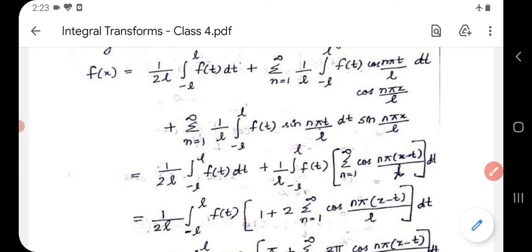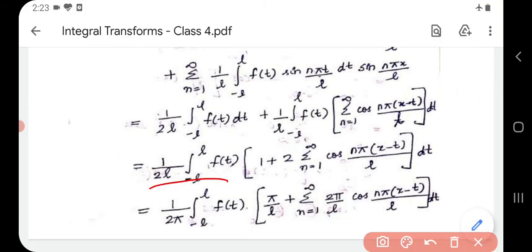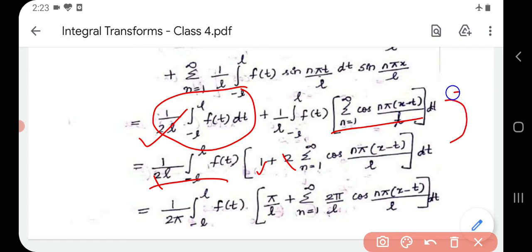Now in the next step, this term is kept as such and this term is taken as common. So within the bracket there is a 1, because this is taken as the common term. Then this term is written as such, but a 2 is written. Why? Because when this 2 and 2 get cancelled, the term that is left is the same as this one, right?